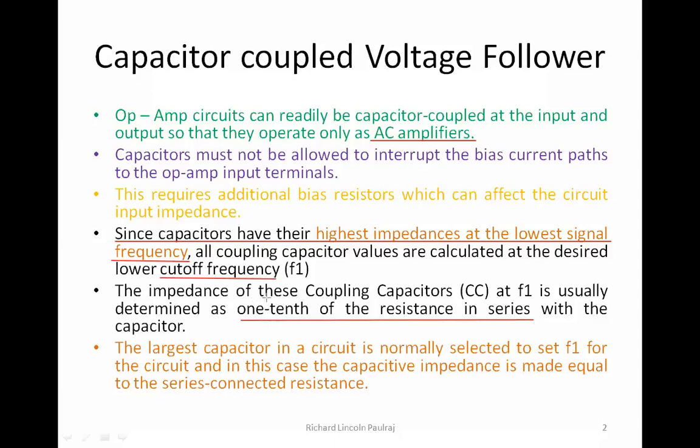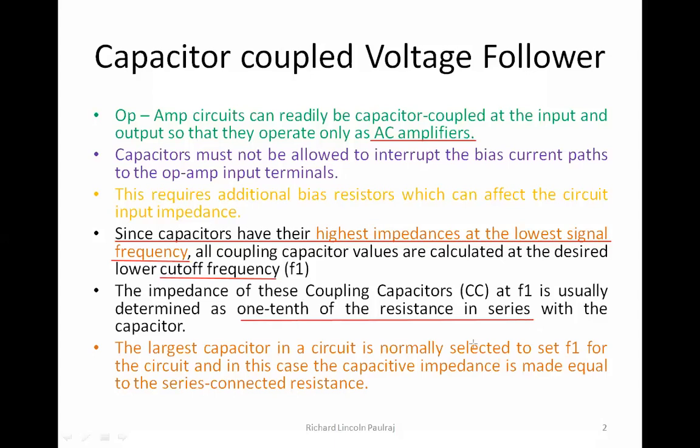So that's why you can see here the impedance of these coupling capacitors at the lower cutoff frequency is usually determined as 1/10 of the resistance in series. So whatever resistance you are taking, 1/10 of that value is going to be the impedance of the capacitor.